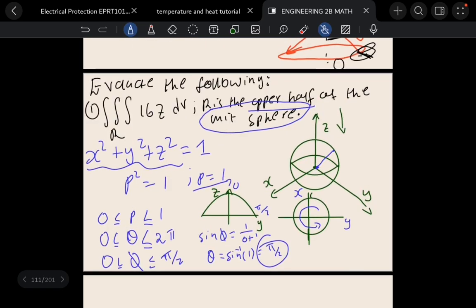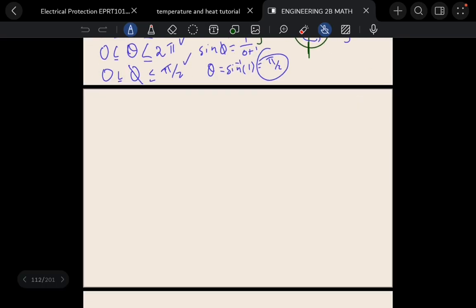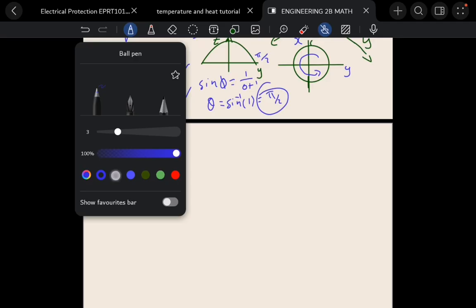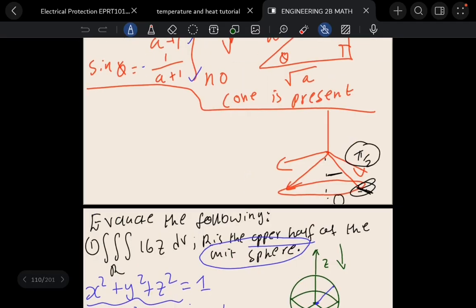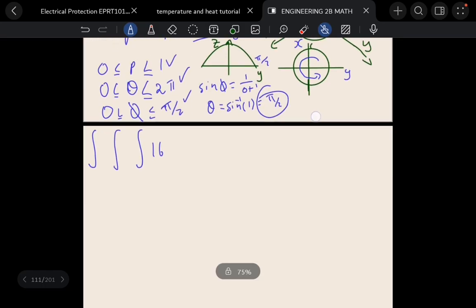Now, setting up the triple integral is not going to be hard to do because you have written your data down. So let us look at the triple integral. The first thing you need to know is 16, but what is z? We know that z in spherical coordinates is rho cos phi.